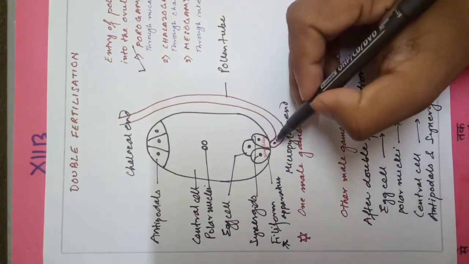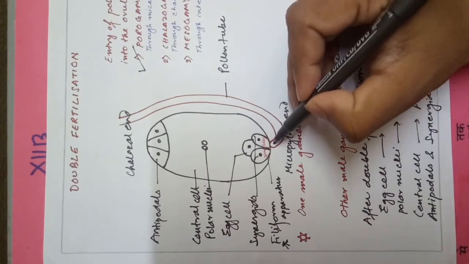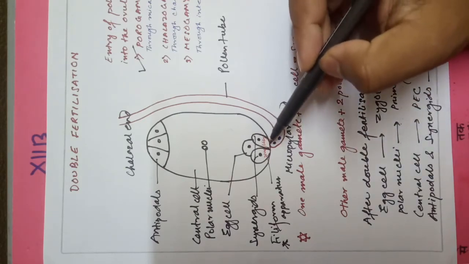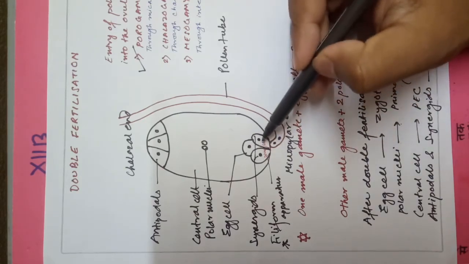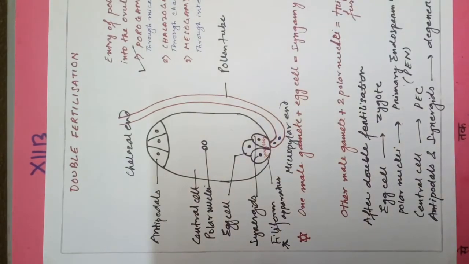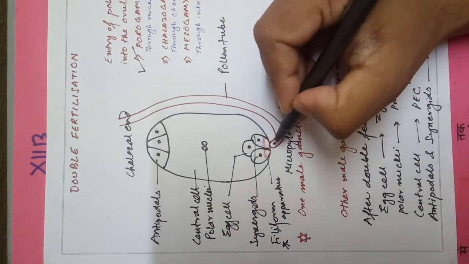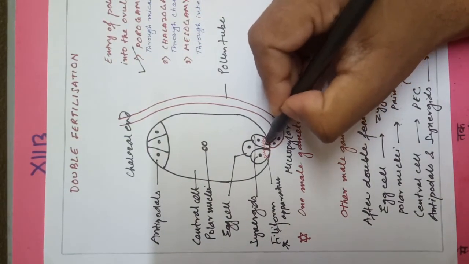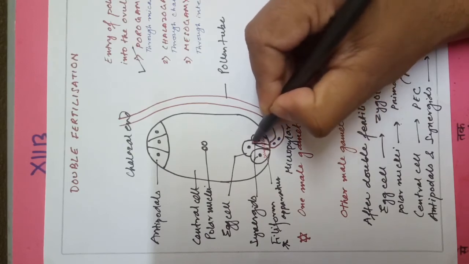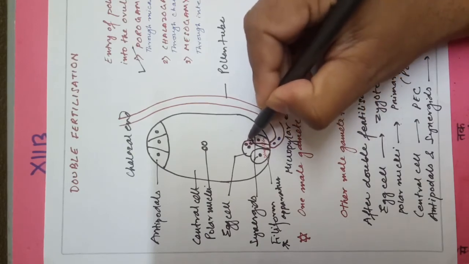Now of these two male gametes, one will be collected by the filiform apparatus. It will enter one of the two synergids. Let me show you the path. Let us say this male gamete is collected by the filiform apparatus and enters the synergid, and it comes right up to the egg cell.